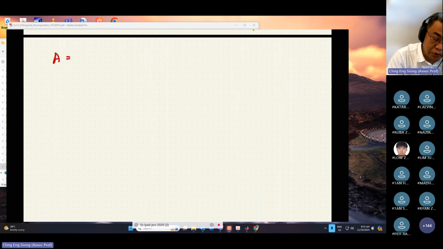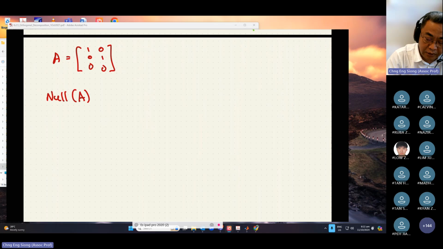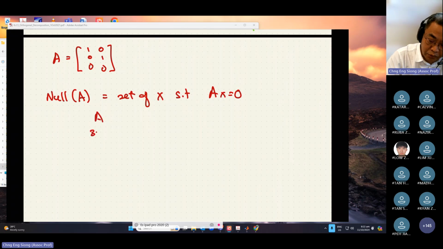A is equal to 1, 0, 0, 0, 1, 0. What is the null space of A? It is the set of X such that what? Complete this. Yes, AX equals 0. So A is 3 by 2, X is 2 by 1.